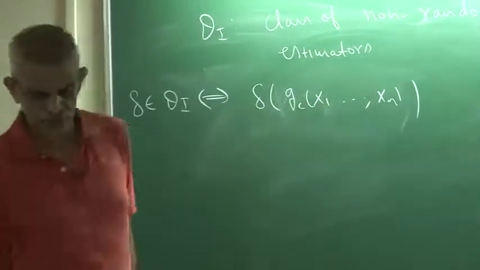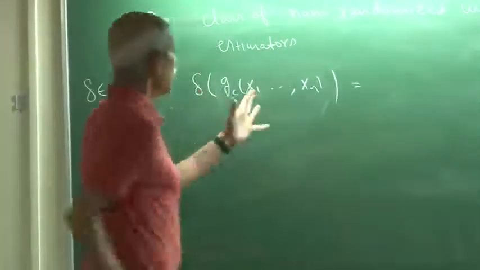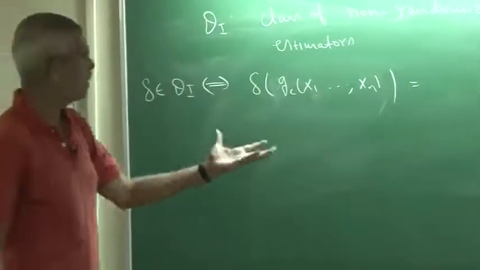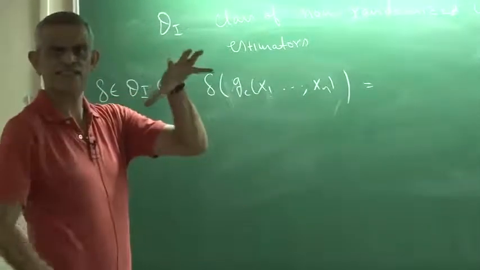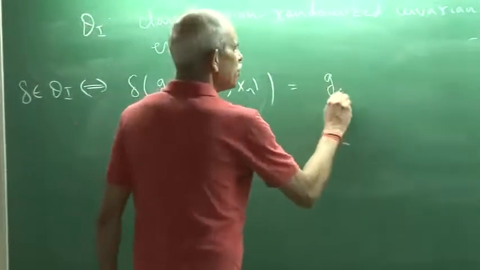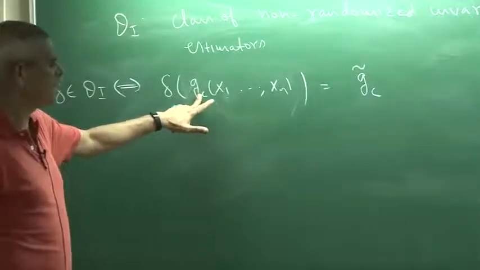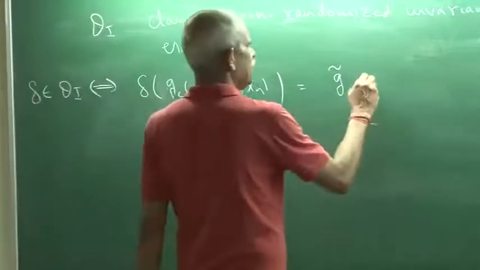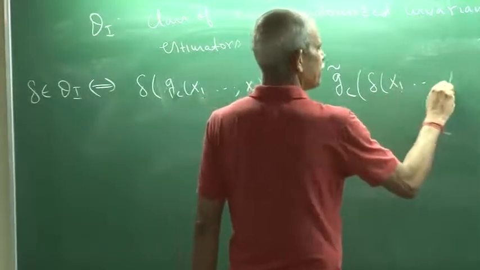So these are situations of the second problem. It says, since your problem is invariant, you can get the decision of the second problem by just changing the decision in the first problem appropriately. So corresponding to gc, I know the equivalent is gc tilde. So this is the same as gc tilde of delta of x1, x2, xn.